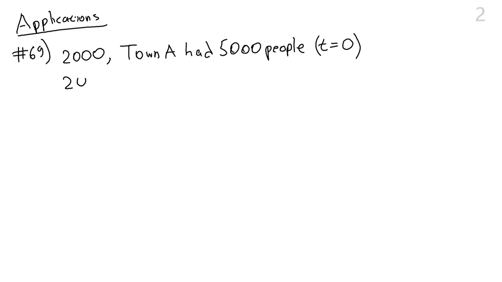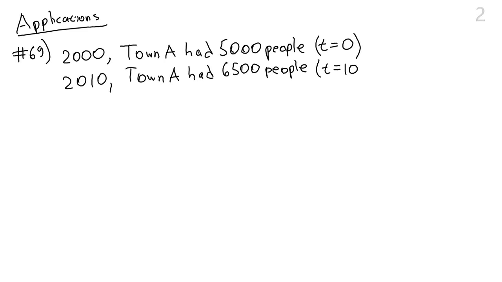We're also given that in the year 2010, town A had grown to 6,500 people. Since this is 10 years after 2000, we're going to call this t equals 10. We are told that the population grows exponentially.